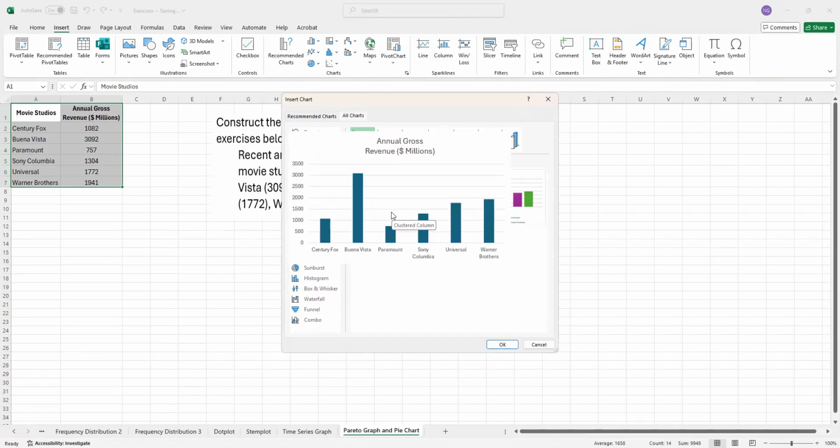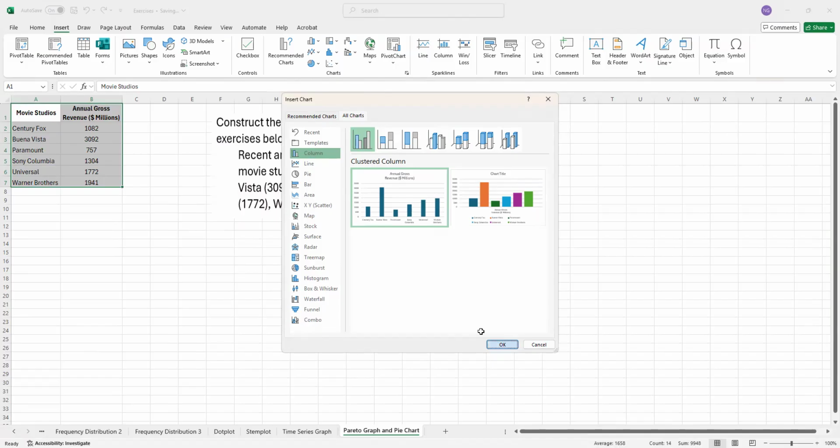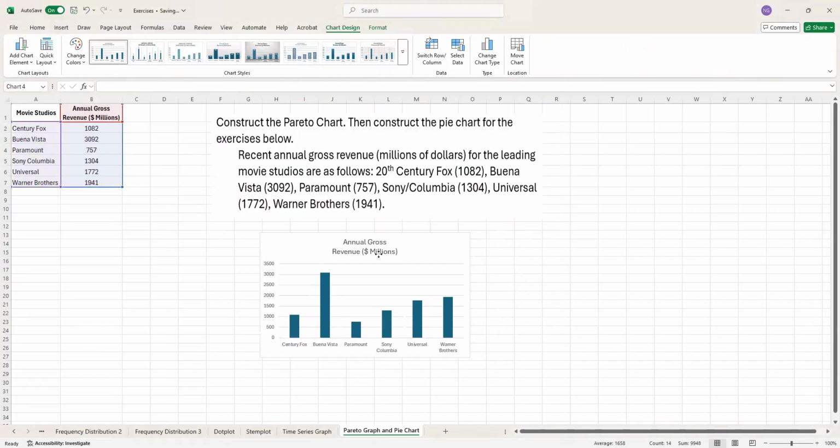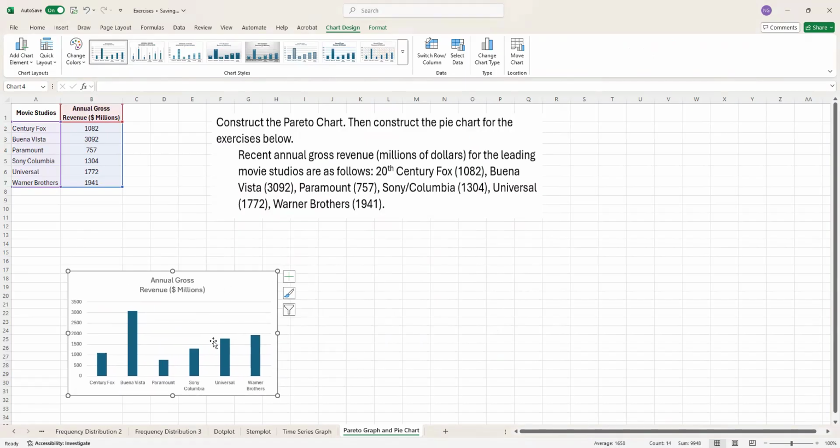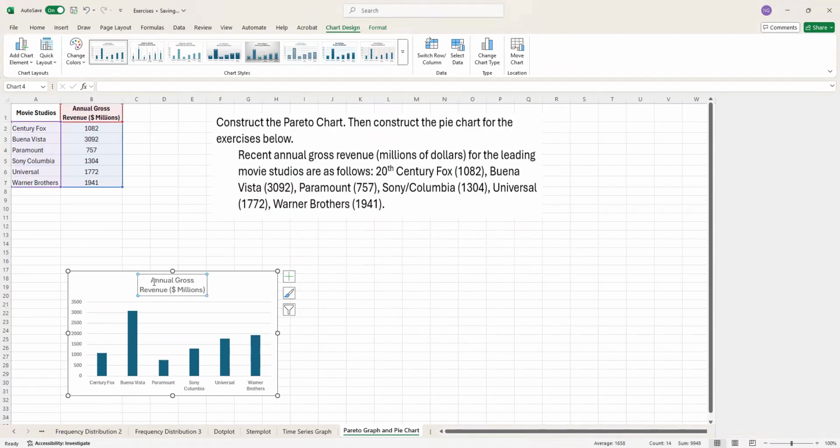If I use this graph, we can say this is a bar graph. As you can see, in this bar graph, Century Fox was the first one, so it comes first. So we call this one a bar graph.